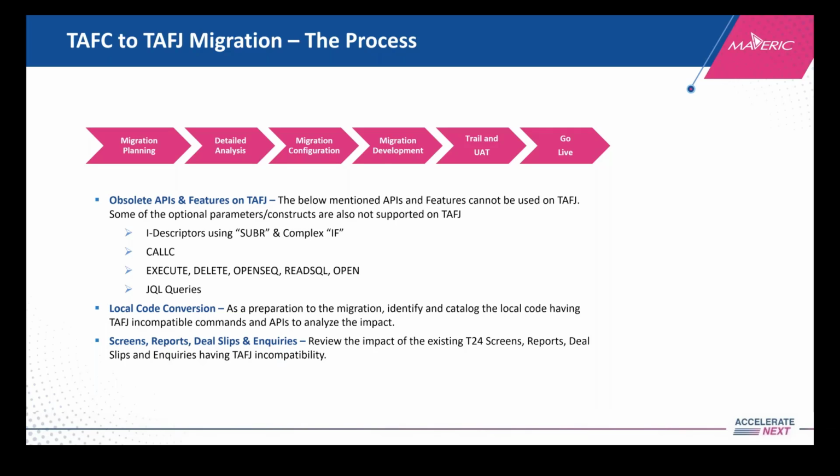To highlight, your ID descriptors have to be replaced and some of the other APIs have to go, and they would be replaced with the newer versions of the APIs, which are much more robust, standardized and secure.